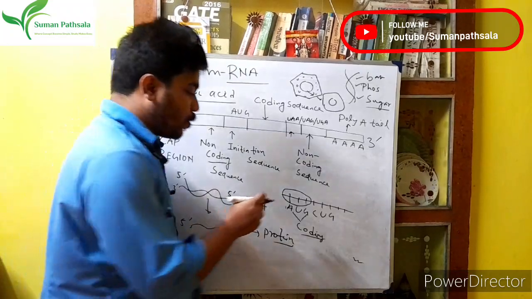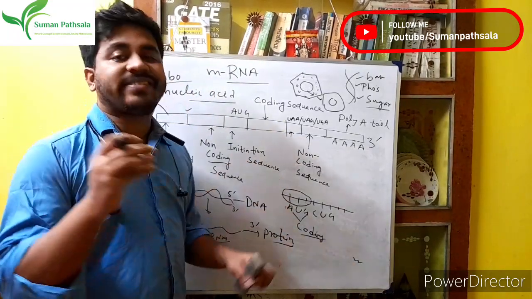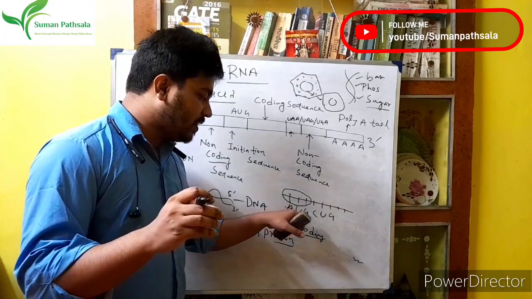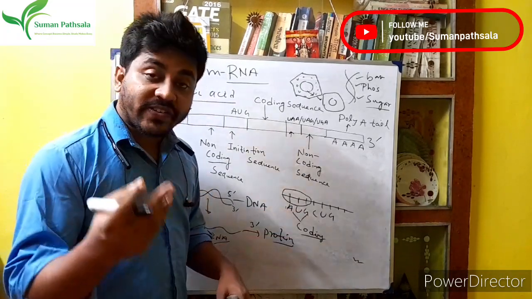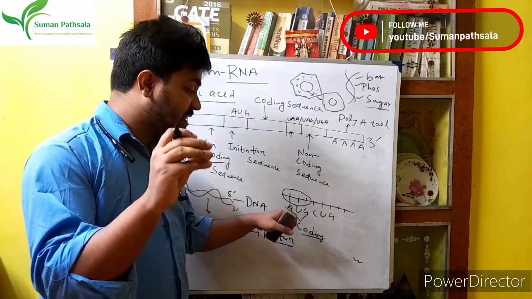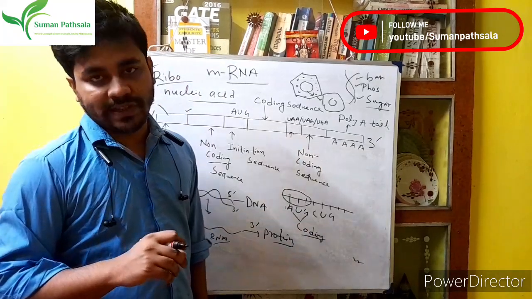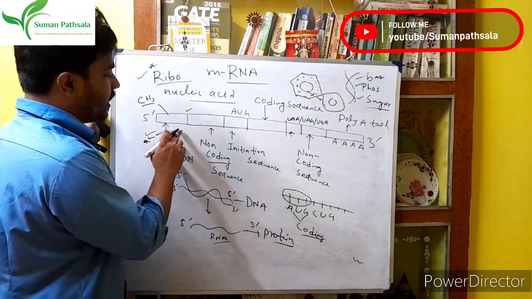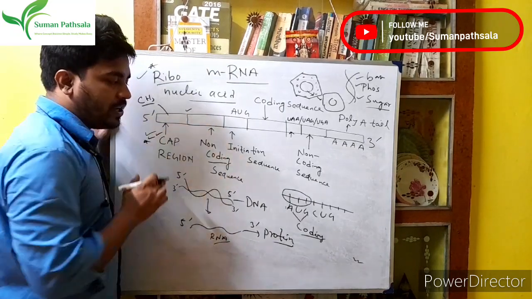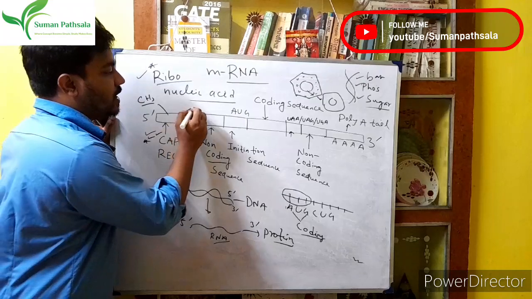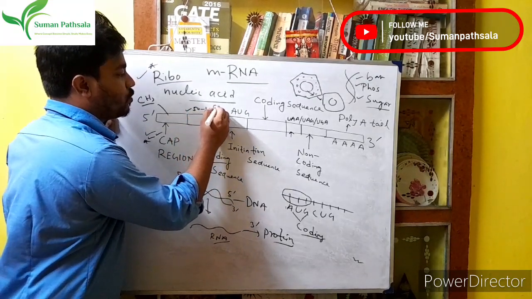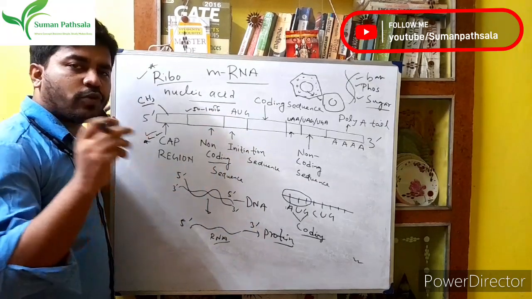Okay, and coding sequence means it carries some character, and if any sequence does not carry any character, that region is called the non-coding sequence. So within the mRNA, after the capping region, there is also a non-coding sequence. It consists of 50 to 100 nucleotides.